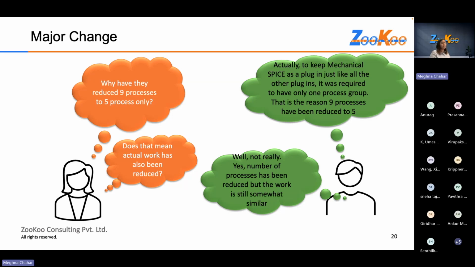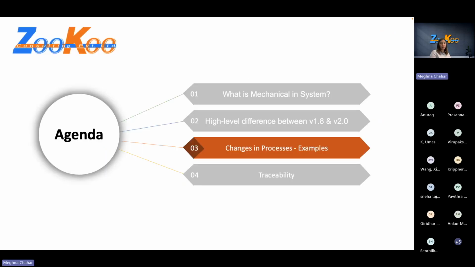Okay, so they just tried to make it more simpler, more in line with other process groups like software, hardware, and all. So our work does not reduce, but yes, it is more streamlined now. That's all for high-level difference between version 1.10 and 2.0.